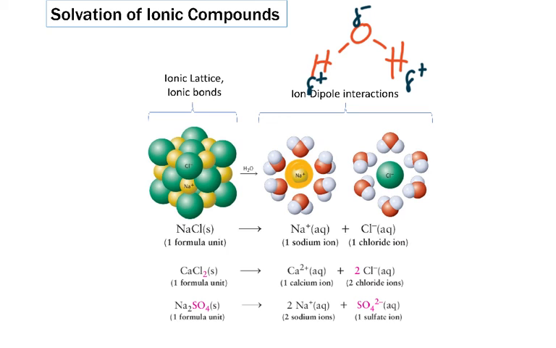So the partial negative lines up towards the positive of the cation, and when you have an anion with a negative charge, the positive charge of the hydrogens lines up. And so you get this cool ion dipole interaction.